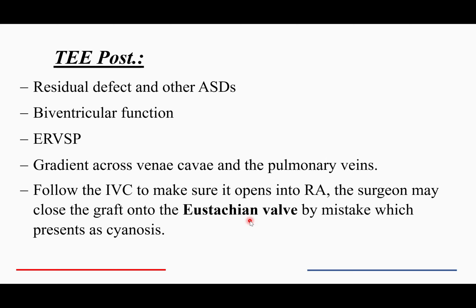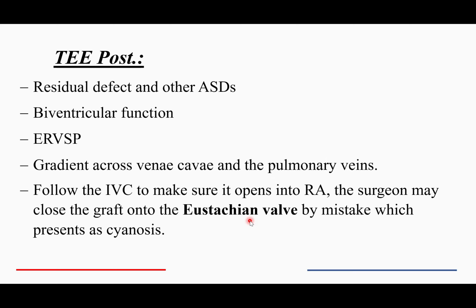So I should check the mean gradient across. Follow the IVC to make sure it opens into the right atrium. This is a mistake that should not happen, but it may happen.